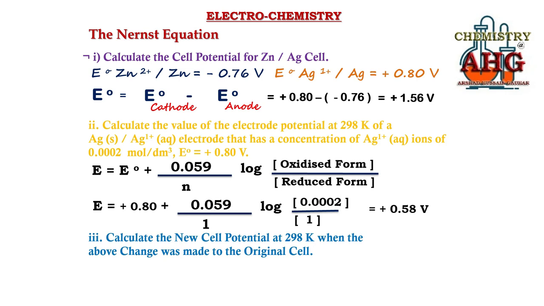So that is why the overall voltage of the electrochemical cell would also decrease. You can insert the values and see the change in the cell potential. The new cell potential would be positive 1.34. So this is lesser voltage compared to the voltage produced by the zinc and silver half cells under standard conditions.